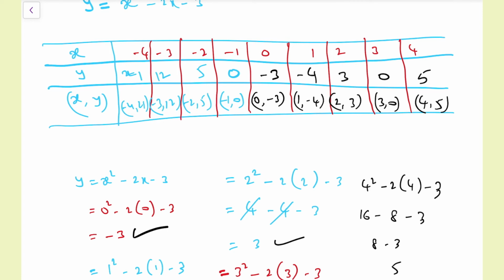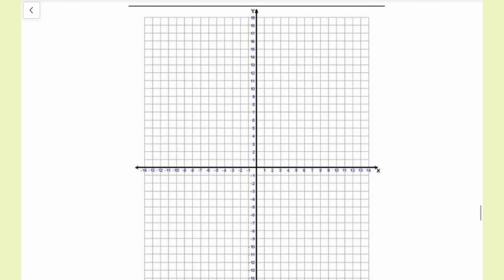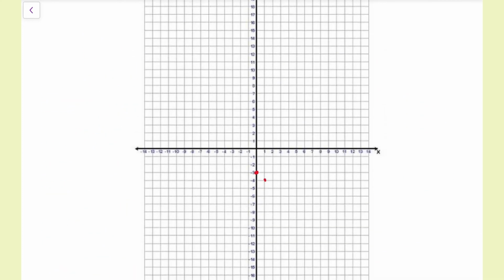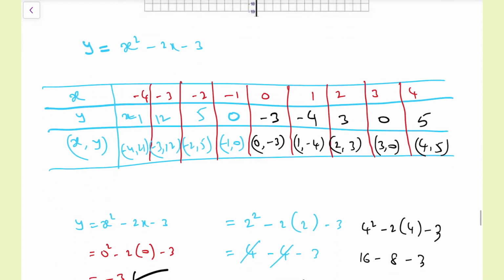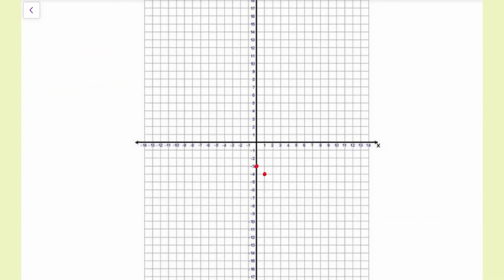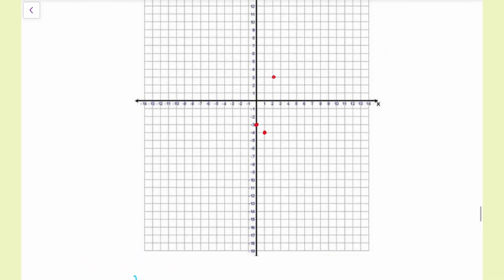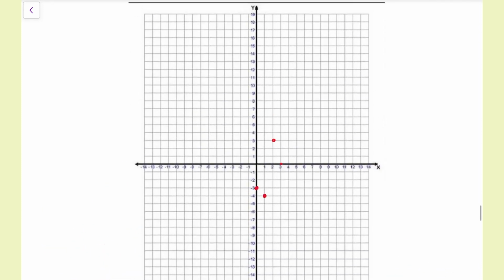Now let us represent all these points on the graph paper. First I am starting from 0 onwards, 0 comma minus 3. Next 1 comma minus 4. Then 2 comma 3, then 3 comma 0, then 4 comma 5.